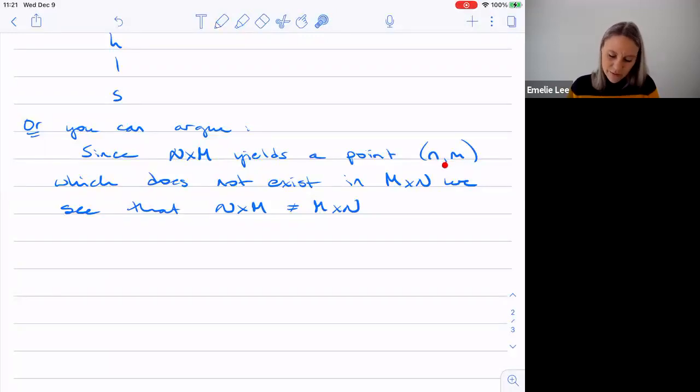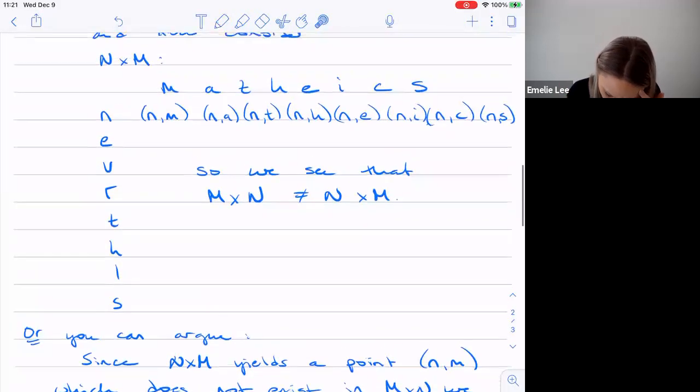So because we're able to find this point NM, now let me see, because both of them have T's and both of them have E's, so there are points that are going to be the same, but not all points are going to be the same, right? So you just need to find that one point that doesn't exist in both, right? If that makes sense.